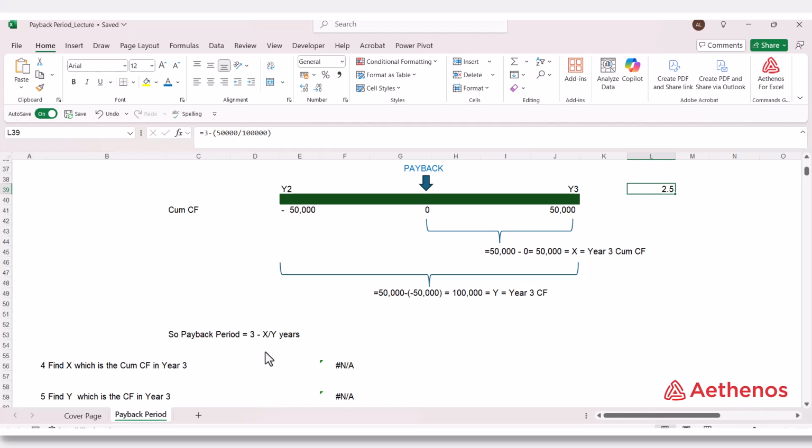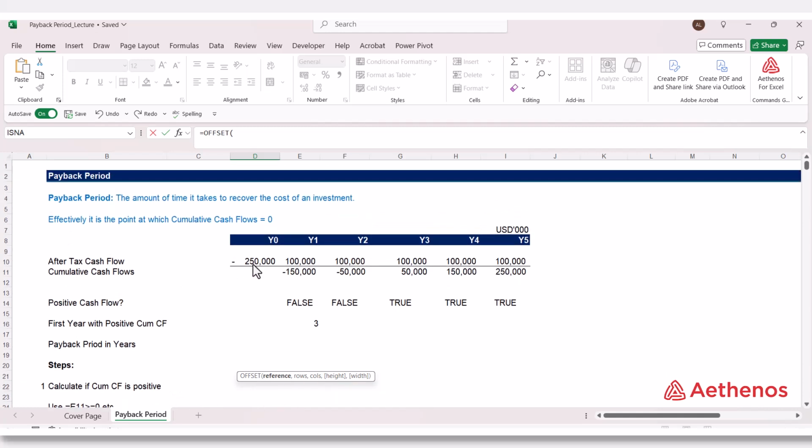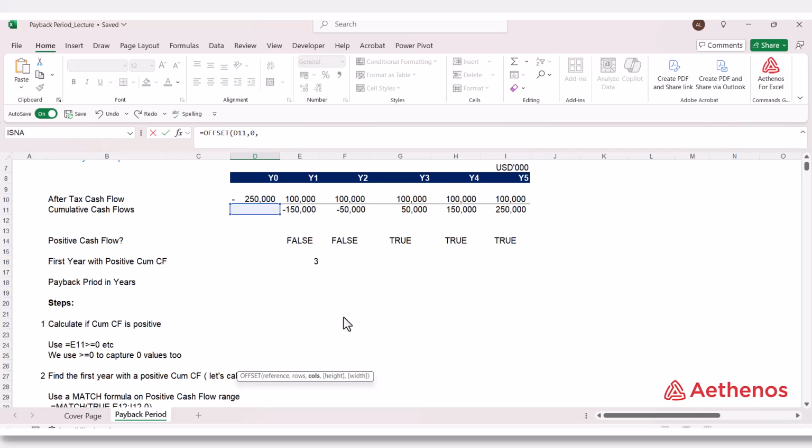So to find the value of X by using formulas, we can use this formula: equals OFFSET, then we go to the cumulative cash flow over here, this cell, and then I put a comma, and I want to remain inside the same row, so I will put a 0, and from here I want to go until I find the true value or the positive value.